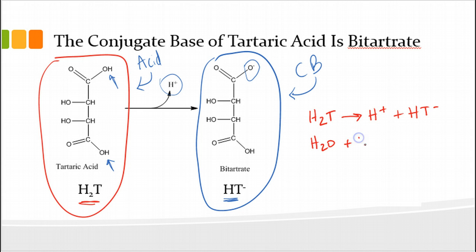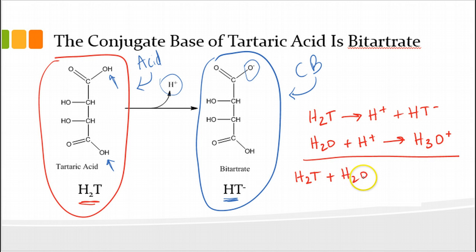So H2O plus the proton goes to H3O plus, and those are two half reactions. We'd sum those because they go together, and we'd have H2T plus H2O goes to HT minus plus H3O plus. The protons on each side of the equation actually eliminate, and that leaves our full equation, the one here on the bottom.